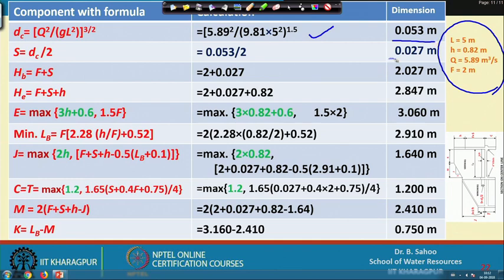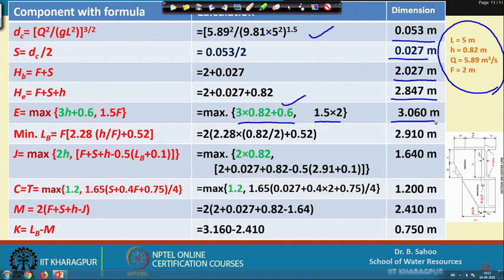Similarly, S equal to d c by 2. So, I am getting 0.027 meter, H b 2.027 meter, H e that I can get 2.847 meter. E I have to select as the maximum value between 3 into 0.82 plus 0.6 and 1.5 into 2. So, I am getting this value as the maximum one, that is 3.06 meter.